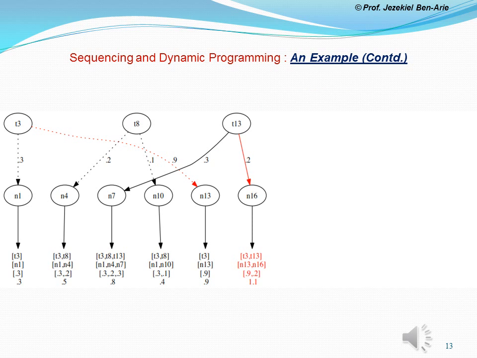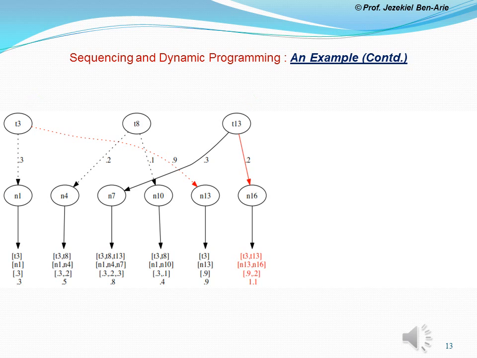More specifically, training sample N7 comes prior to training sample N13, and the sample N13 is already chosen to be linked with input sample T3, which comes prior to input sample T13.